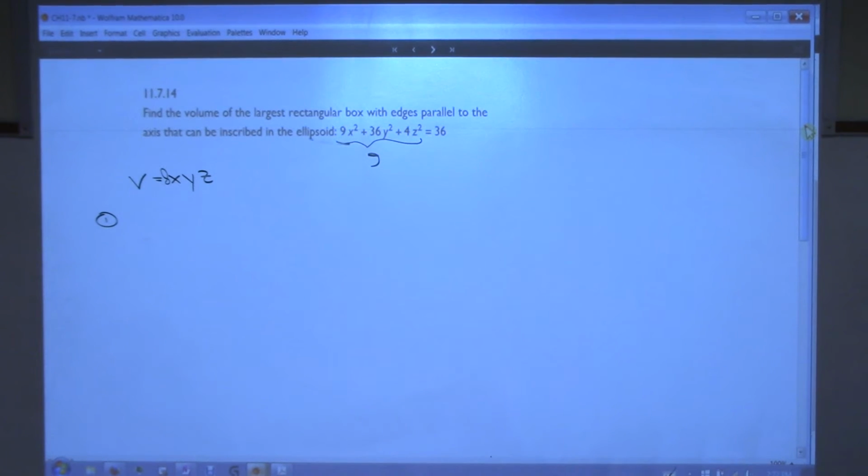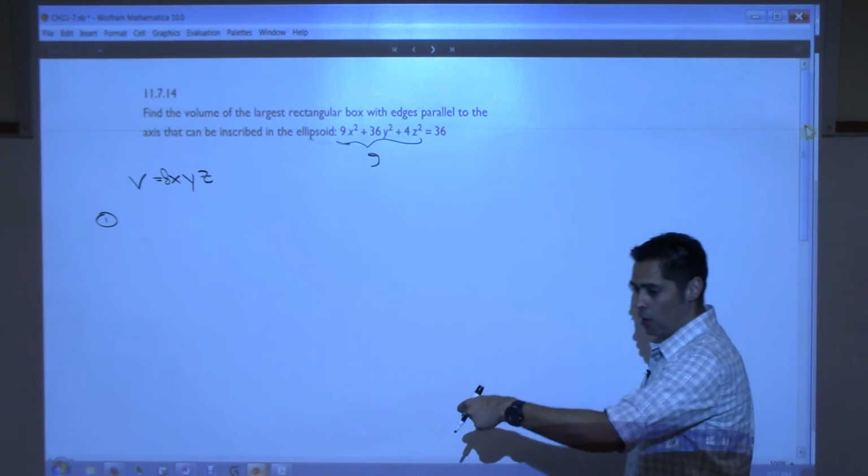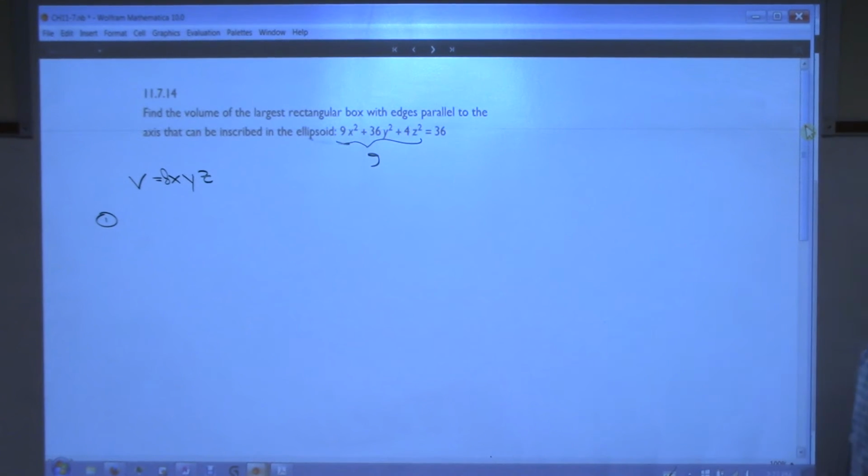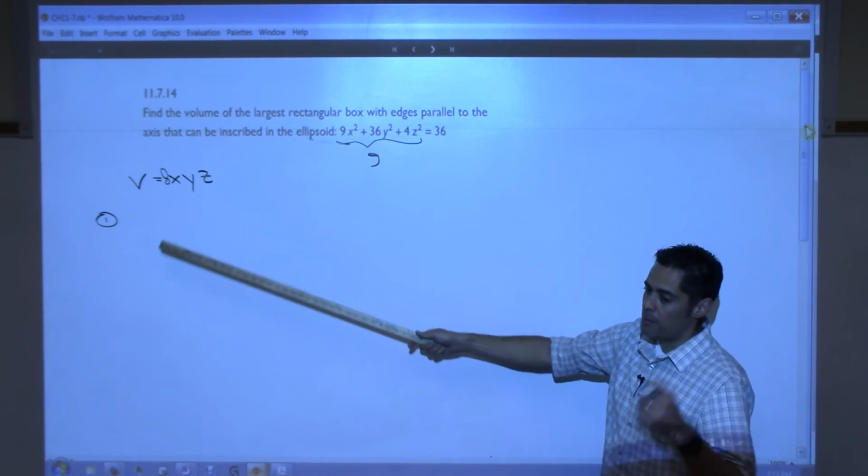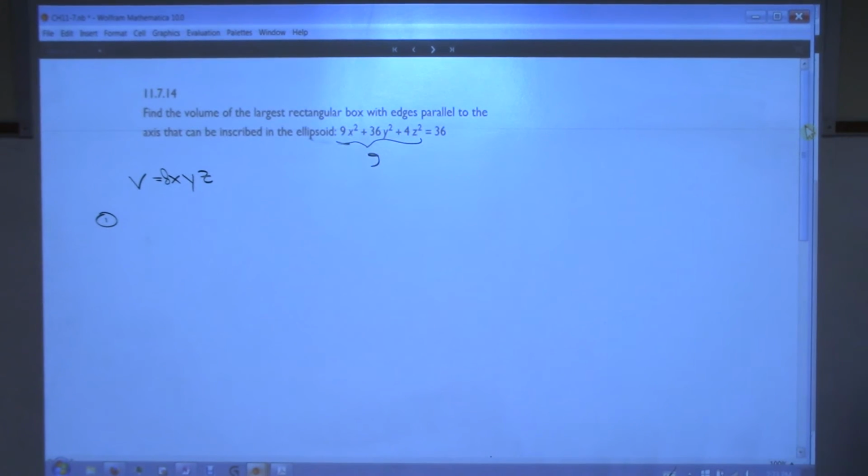The x, y, and z that make it the max, the 8 won't matter. The actual maximum volume, we need the 8. But to get the x, y, z, it wouldn't matter. But it says find the volume, so if you left the 8 out, just remember to multiply it by 8 at the end.